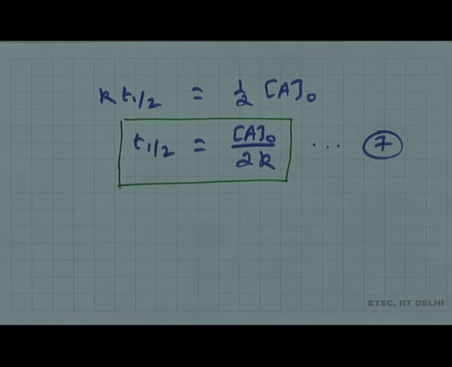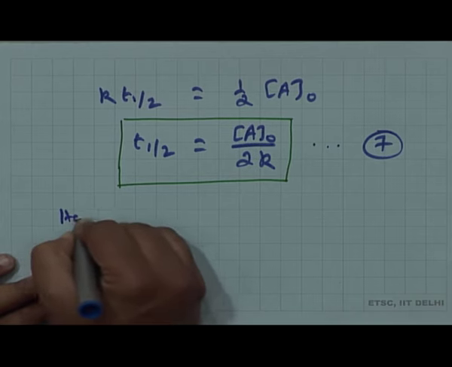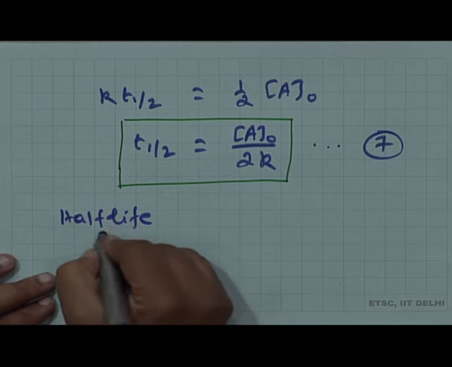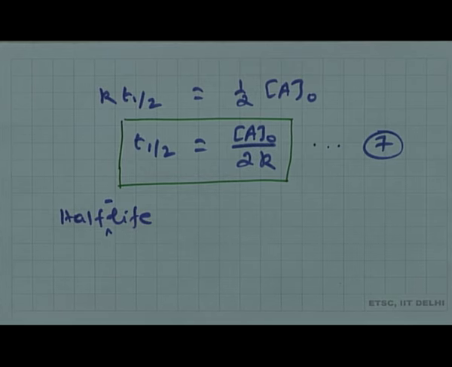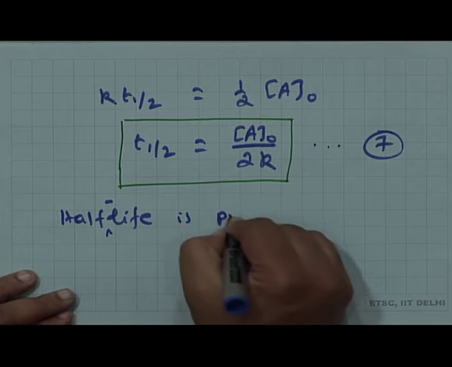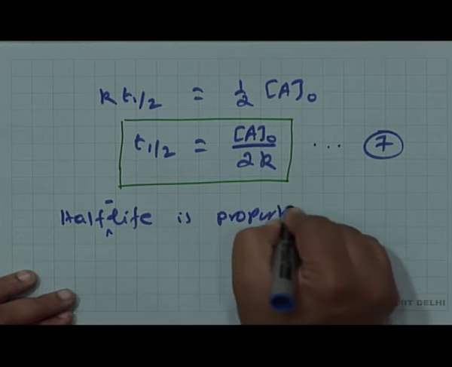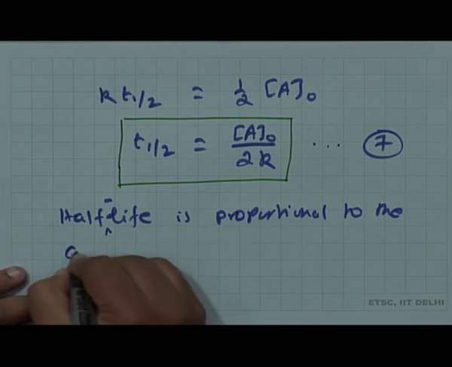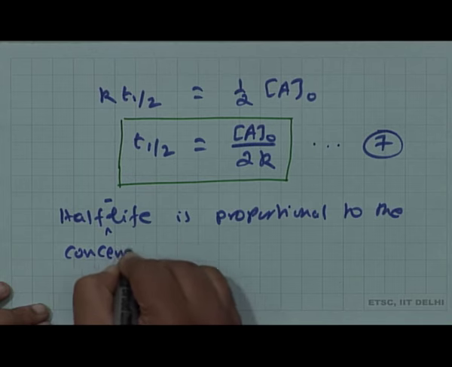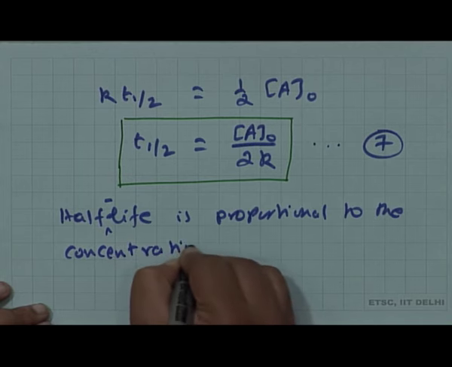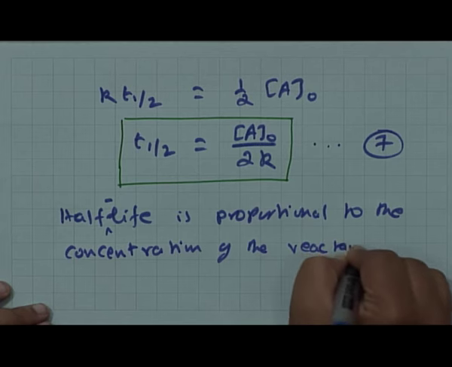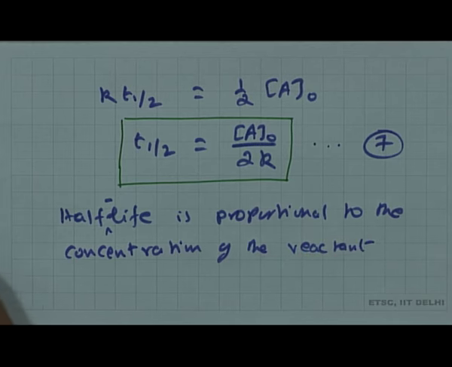So, this is what we can write: the half life for a 0 order reaction is proportional to the concentration of the reactant, right.